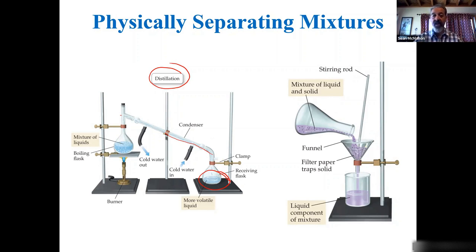Another example is I might have, instead of a homogeneous mixture like two liquids mixed, a bit of a suspension. I have some solid. Earlier I had said sand, but it could be a different type of solid in a liquid solvent. Well, how could I separate that? I can use filter paper and use gravity filtration to separate it. And then the filtrate will come through. So that would be the liquid portion and the solid would remain.